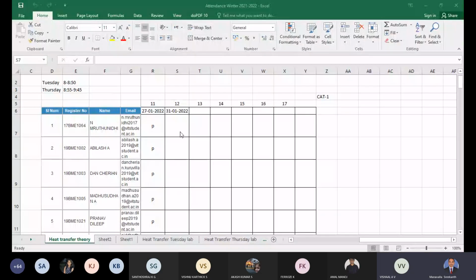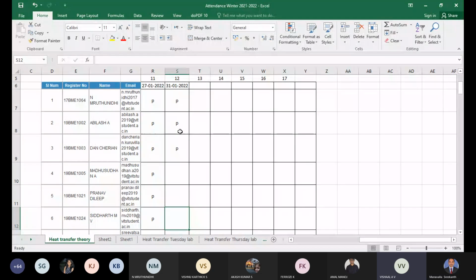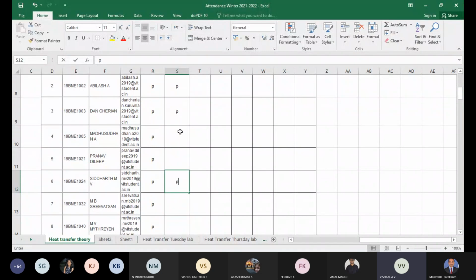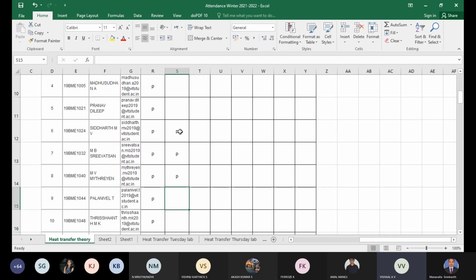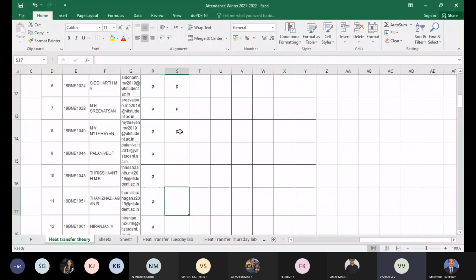All right, give me your attendance. Rutunidhi, present, sir. Ilash, present, sir. Cherian, present, sir. Siddharth, present, sir. Vatsan, present, sir. Tamilalagan, present, sir.